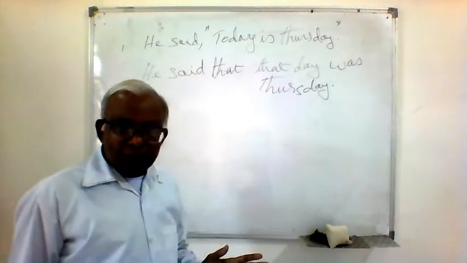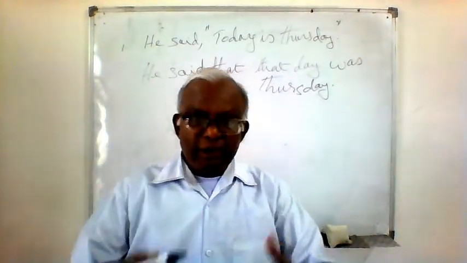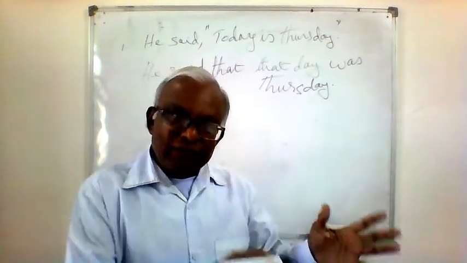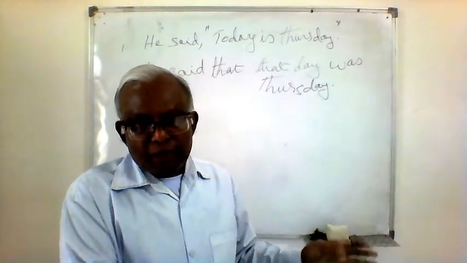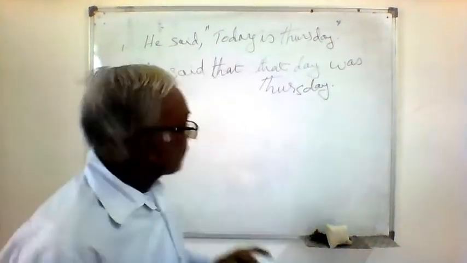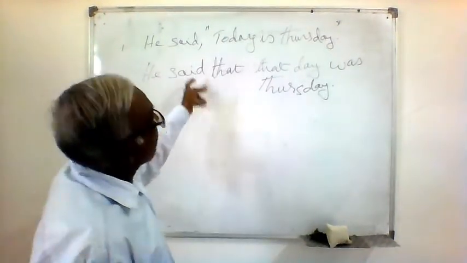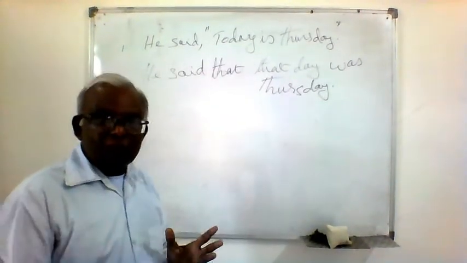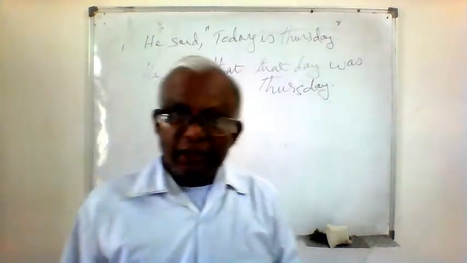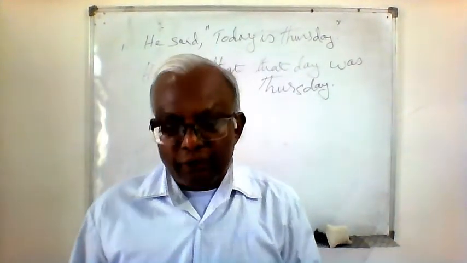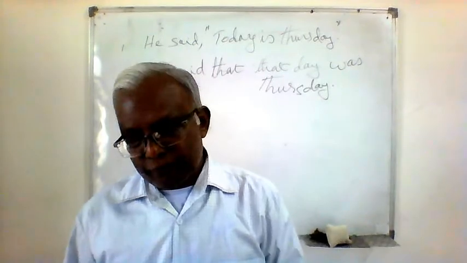And by doing it, we have kept the meaning and the event to the same meaning. Otherwise, we would be changing it. Suppose tomorrow, you're talking about today. He said that today is Thursday, you would be conveying a wrong meaning. And that's the reason why words of distance have to be used.